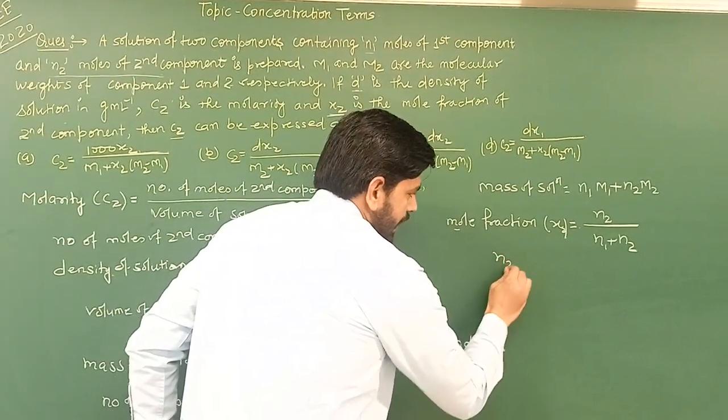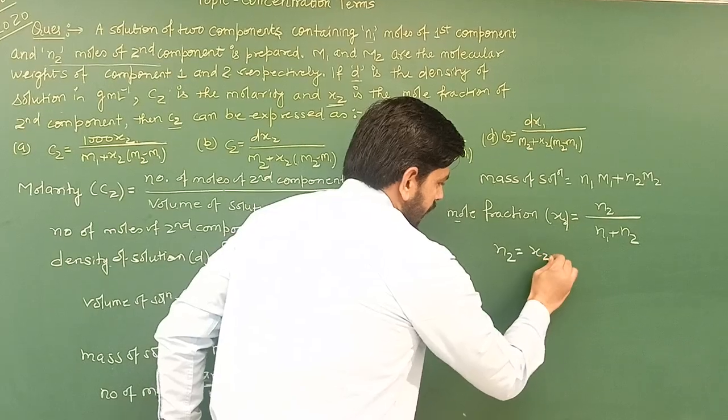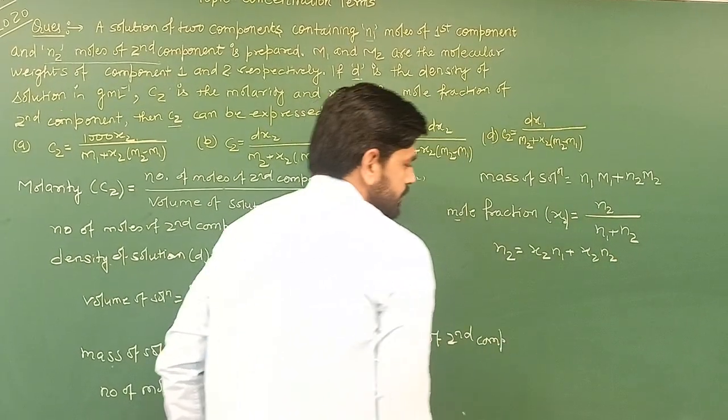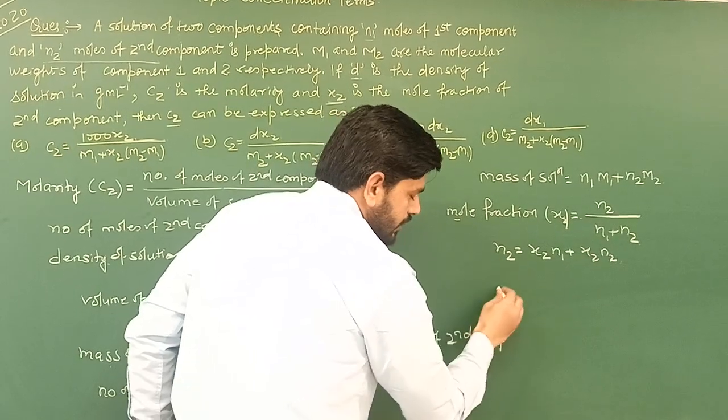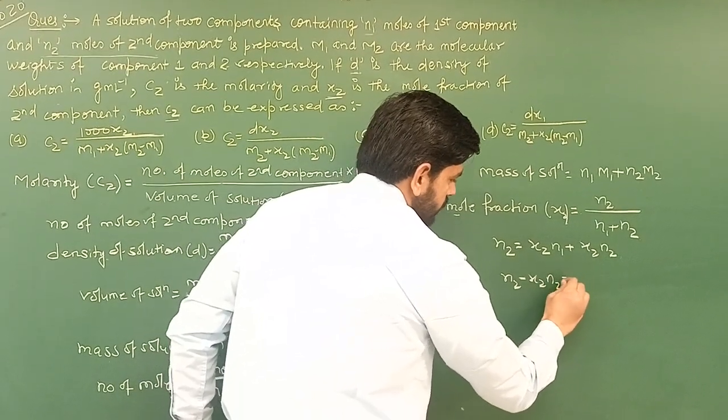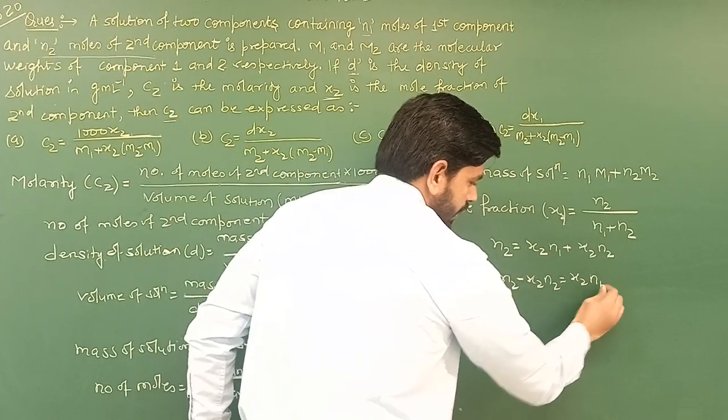How? Therefore, this N2 is equal to X2 into N1 plus X2 into N2. We just take out here, then N2 minus X2 into N2 is equal to X2 into N1.